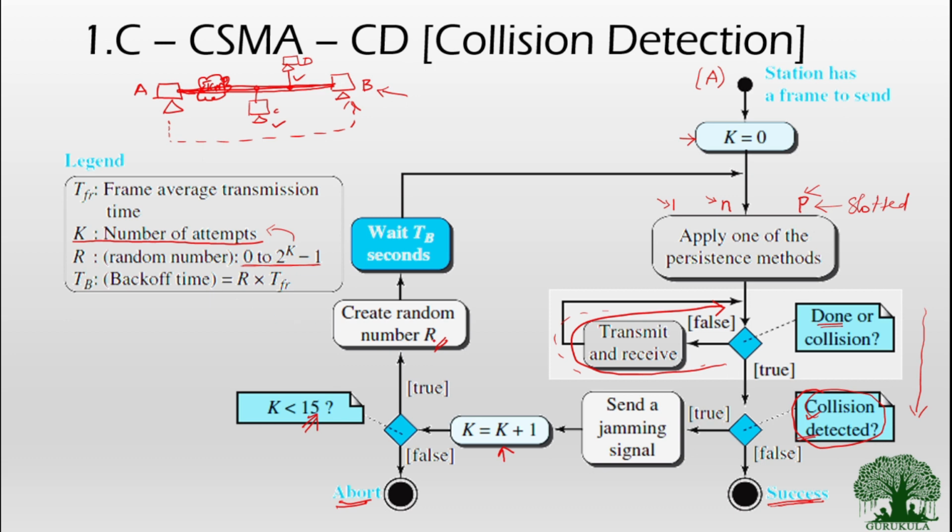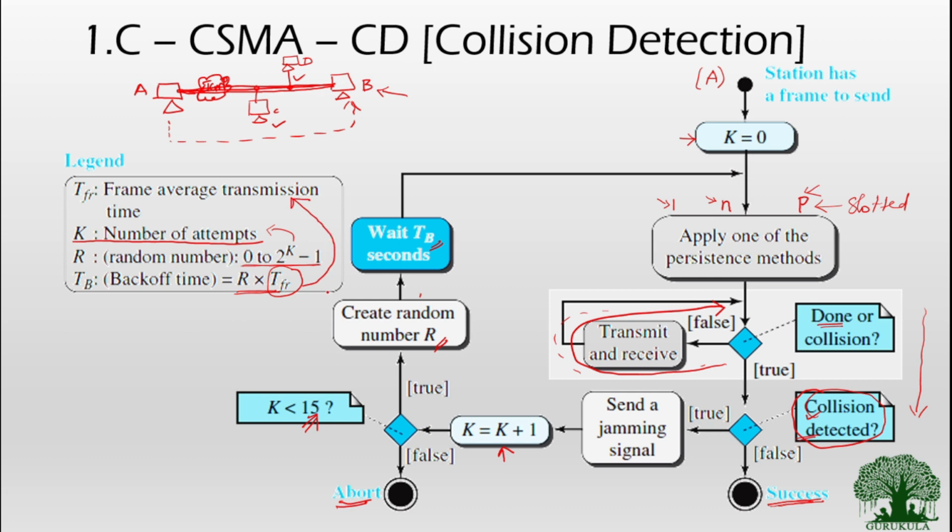Once R is calculated, based on the R value, a random amount of time will be calculated for the waiting period or back-off time. So here T_B will be calculated. We will have to wait for an amount of T_B, where T_B is calculated by the relation R times T_FR, where T_FR is the maximum or average time of the frame.